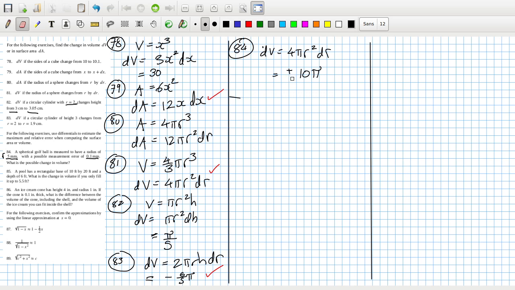Well, just say plus for the maximum and relative. Okay, so that's the error. And then the relative error would be, I think, that over the original volume. So that's 10 pi over 4 over 3 pi r cubed.